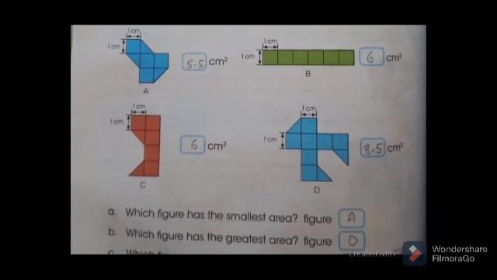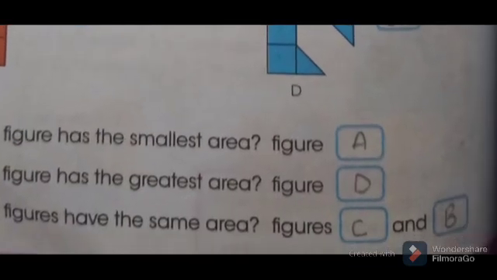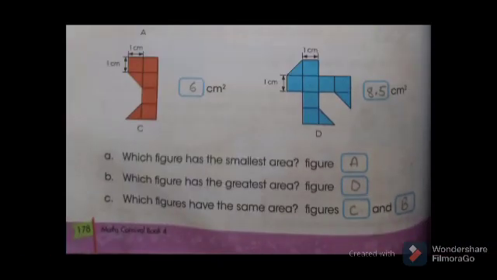Other parts are similar. Then first question, which figure has the smallest area, which figure has the greatest area, which figures have the same area. So you have to write the figure names here.